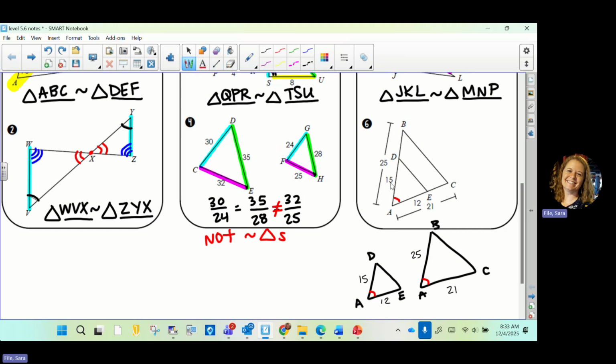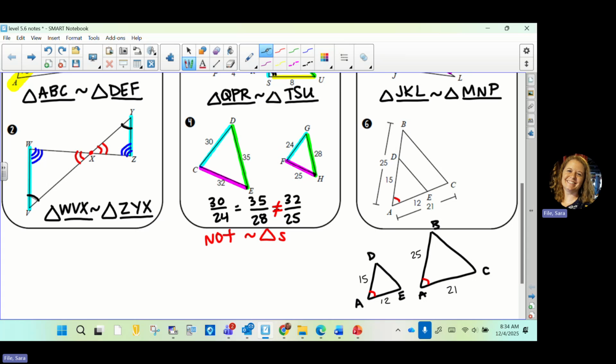What if they told you this is 15 and this is 10, but they didn't tell you the total was 25? Where's the 25 coming from? Yeah, you'd have to add the two pieces together to get that big side length. So sometimes they'll give you the big side length. Sometimes they'll just give you this little piece and you've got to do the addition. So just be careful.